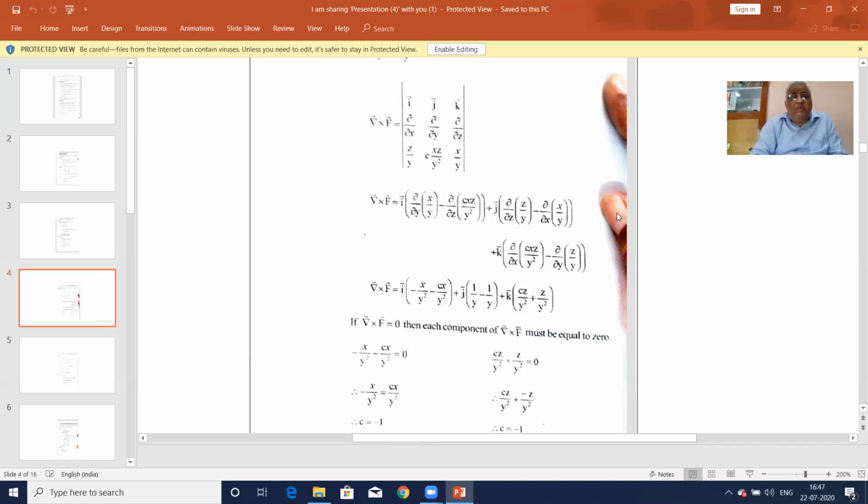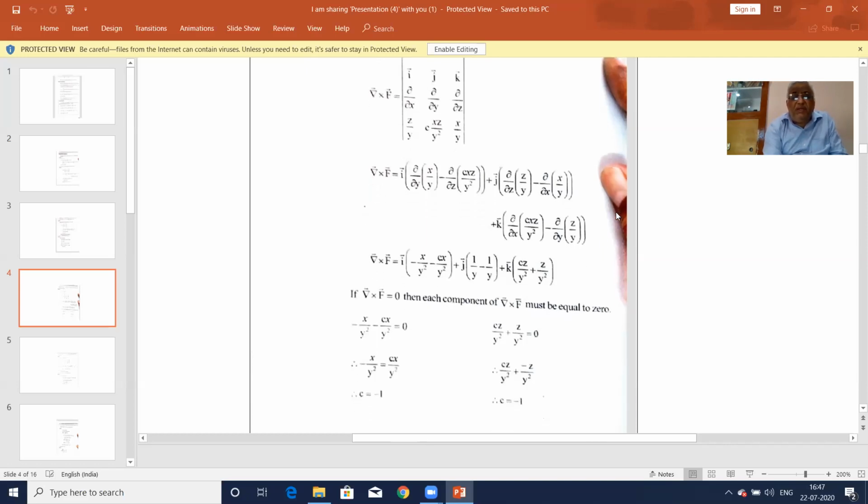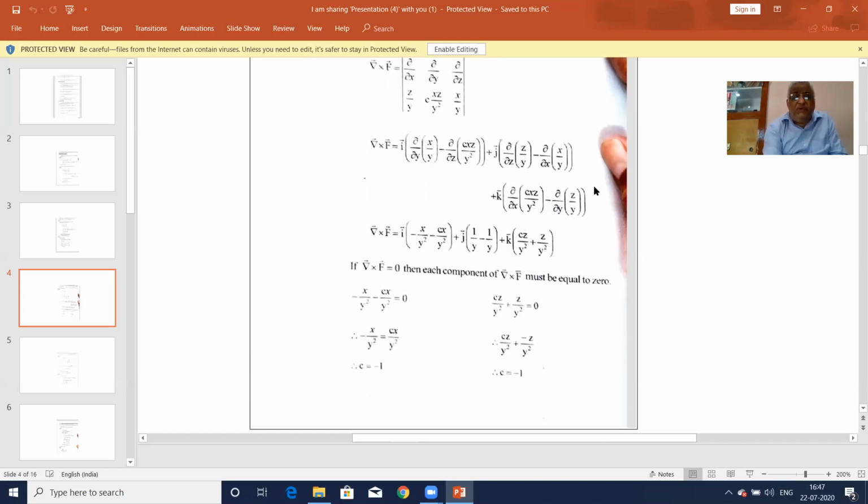The y² cancels, x cancels, and c is equal to minus 1. Similarly, cz by y² plus z by y² is equal to 0, so c is minus 1.